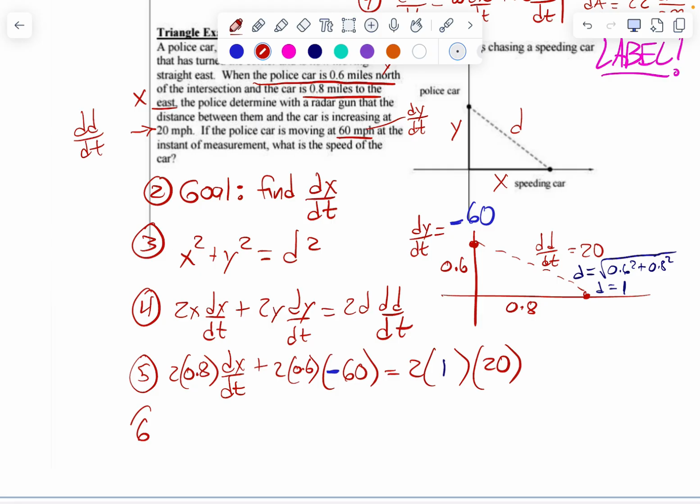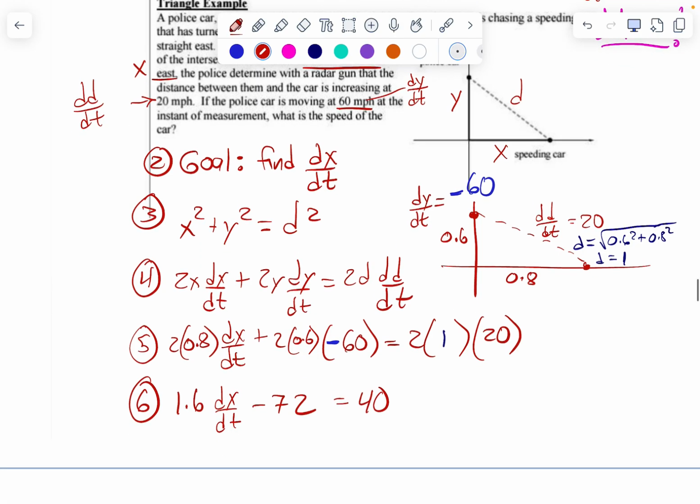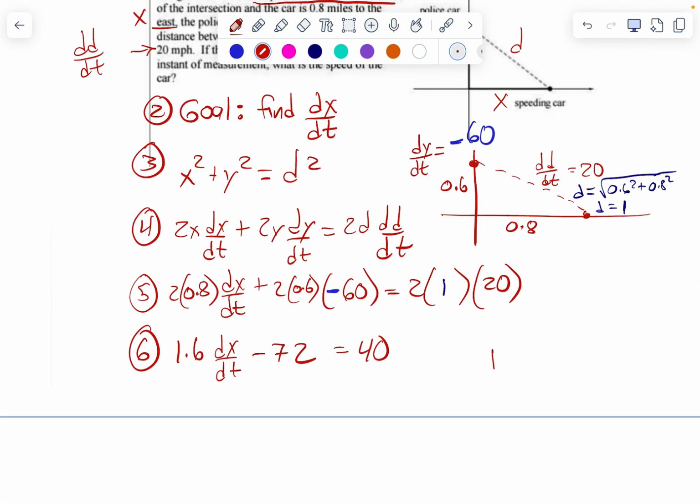Anyway, let's go ahead and solve. 1.2 times 6. What is that? 7.2, negative 72, equals 40. Anyway, can someone finish solving that and let us know what it is?